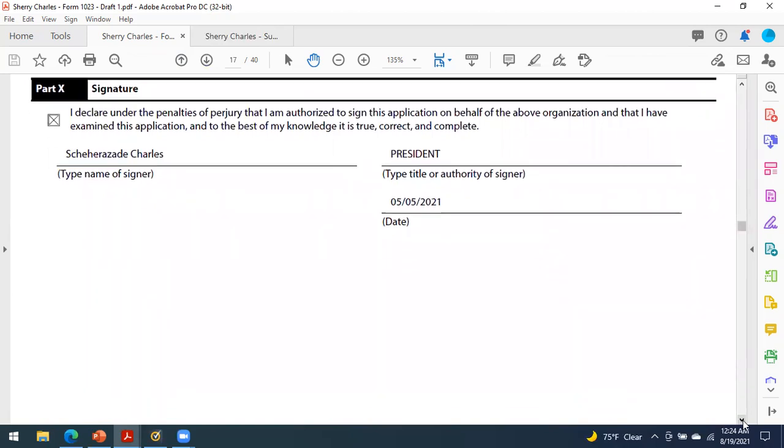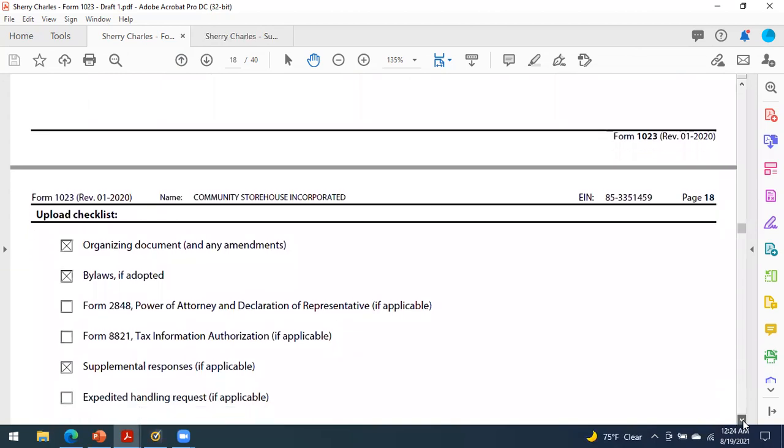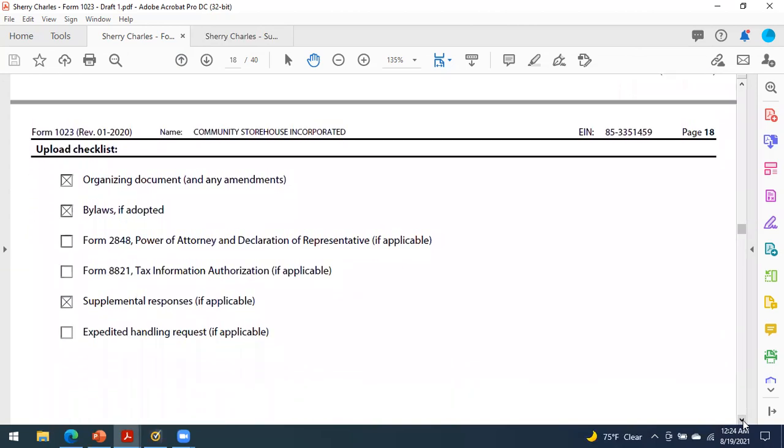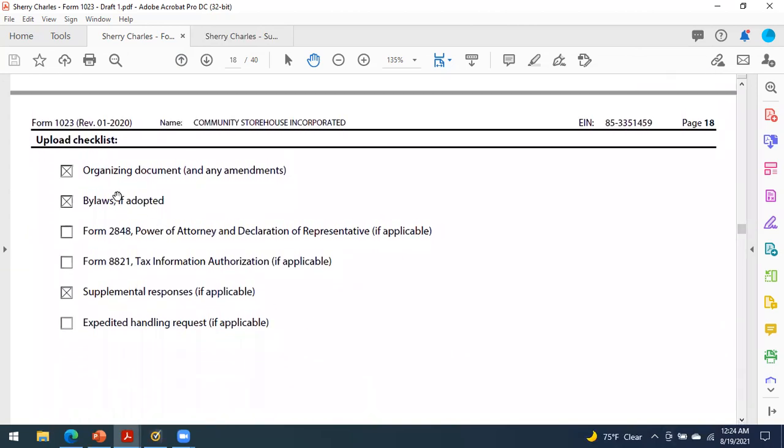And then on the next page, 18, which is the last required page, you just click on the documents that are included or attached to this application. So this is a Form 1023 application, but then you would click the upload checklist to let the IRS representative know which documents to expect to be included along with this application.